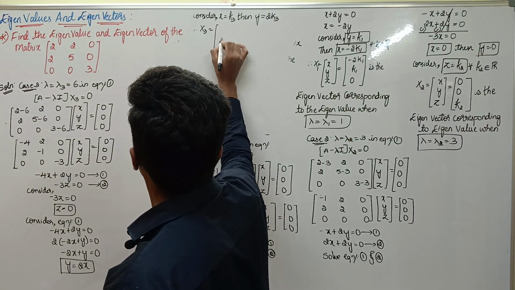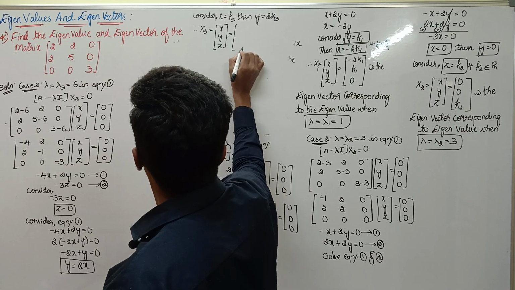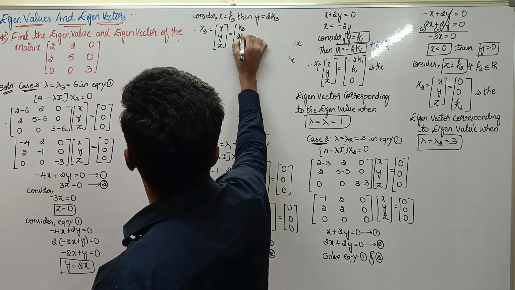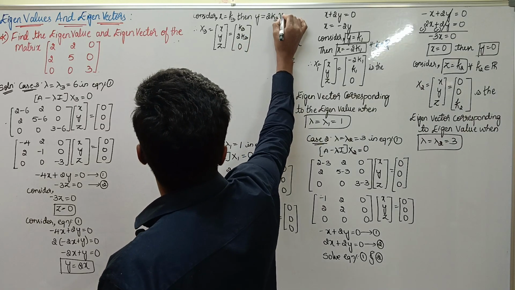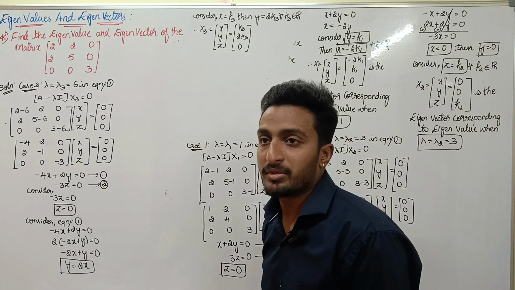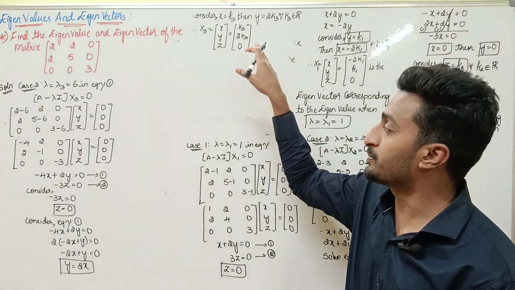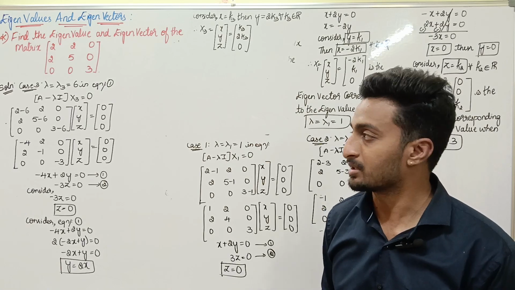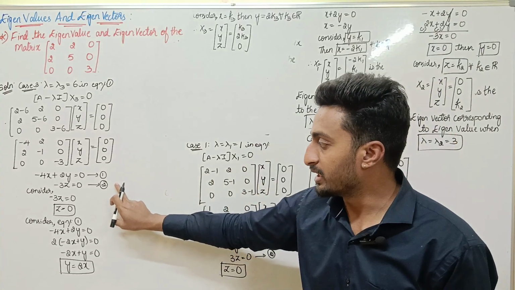Therefore, x3 which is equal to x, y, z, which is equal to, what is the value of x? k3. What is the value of y? 2k3. What is the value of z? 0. Where for all k3 belongs to the set of all real numbers R. What does it mean, set of all real numbers R? If you give any value for k3, either it may be real number, rational, irrational, integer, if you simplify any number, LHS will be equal to RHS for any equation.